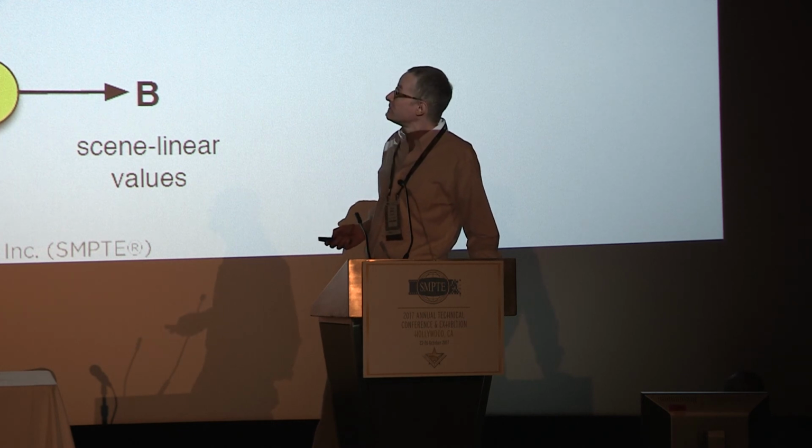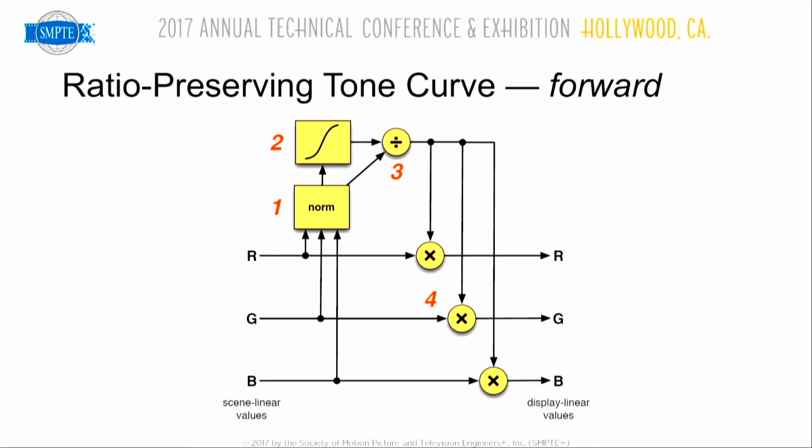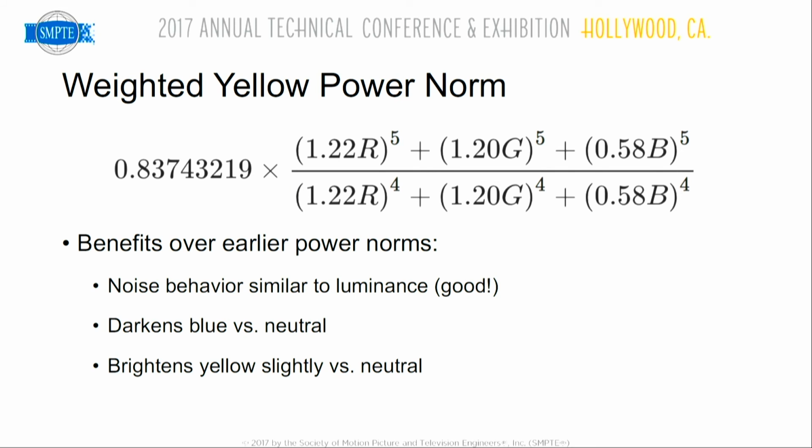I guess the trick to seeing why this inverse works is to think that, if you look at the forward, we're applying a gain factor to red, green, and blue. And so if we can just recover that gain factor, then we can invert the function. And if you look at the norm, if you think what happens to applying a gain factor to RGB, you'll realize that the norm of a gain times an original color is equal to the gain times the norm of the original color.